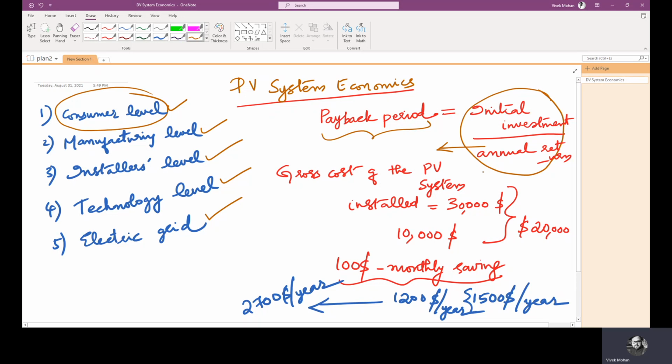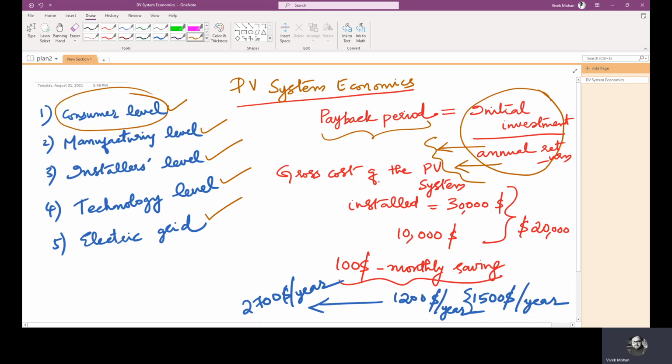That is another source of income, so that can also be a part of the annual return. Whatever he earns because of the installation of the solar panel will contribute to the annual return. Now we will apply this to an example and see how payback period is found.